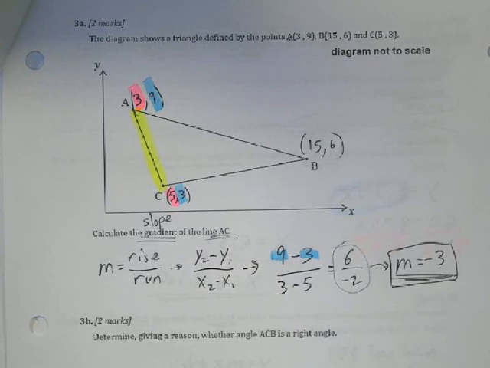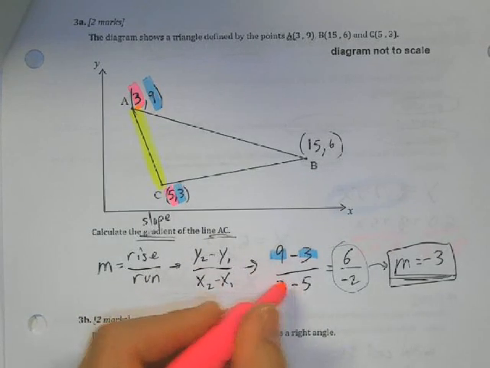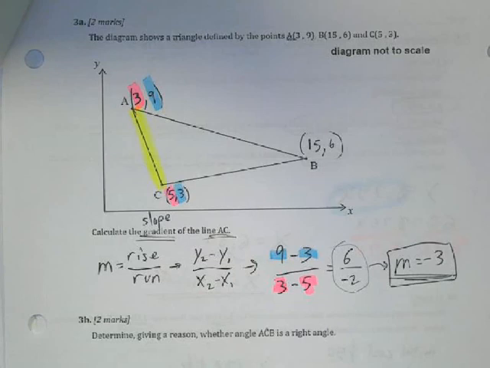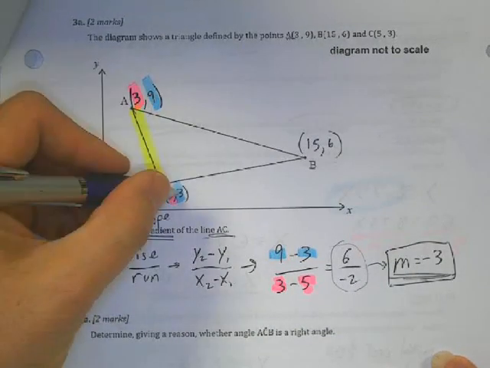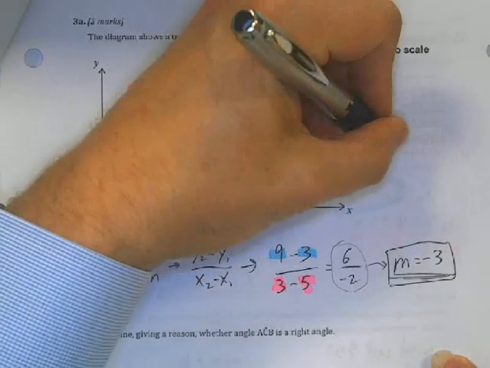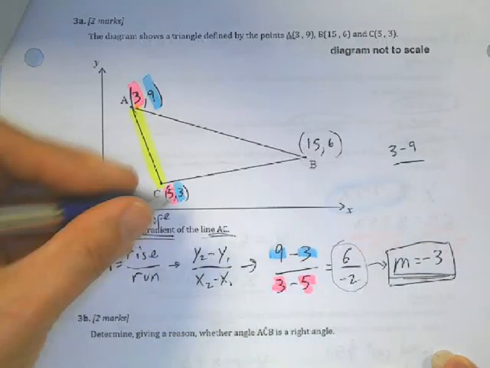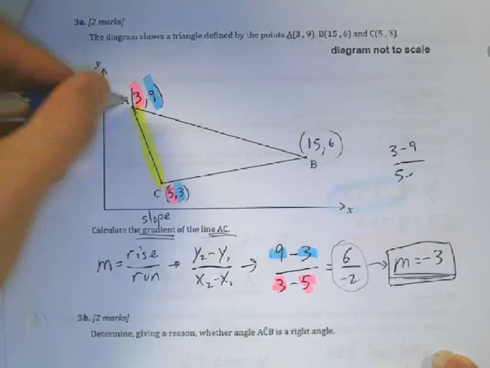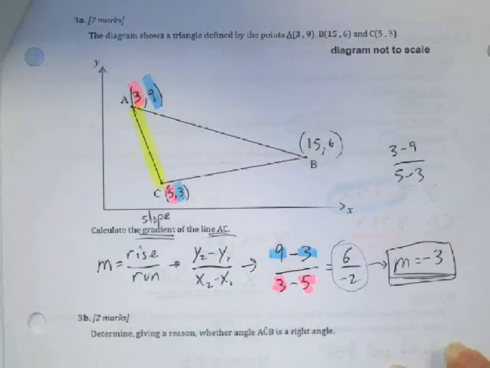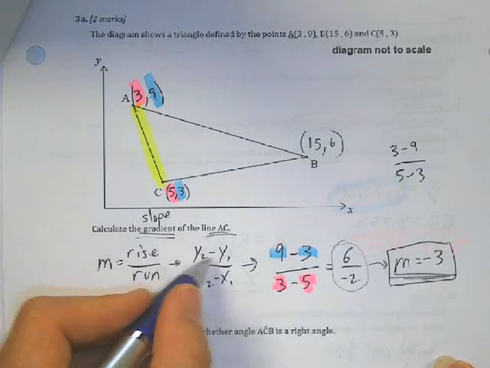Okay, some people have asked me this. Let's just say instead of 9 minus 3, what if I did 3 minus 9? This blue one minus that blue one, and then I did 5 minus 3. Because people ask me, which one's y1, which one's y2?